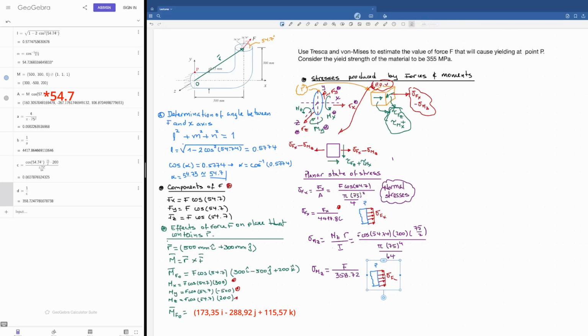bring it down and say, okay, how are the stresses caused by this moment around the z-axis? Let's see. Here and here. So we see that the moment around the z-axis is like this. So the upper part is going to be in compression, the lower part is going to be in tension. So this is going to be something like this.